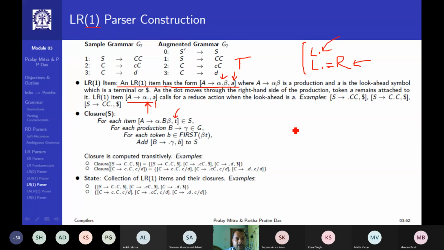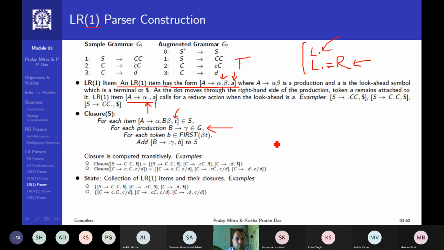Now you remember previously for LR0 closure, if dot B is there, then all the production rules B derives gamma will also be considered as part of the state as a closure property. Here, no further screening is required.